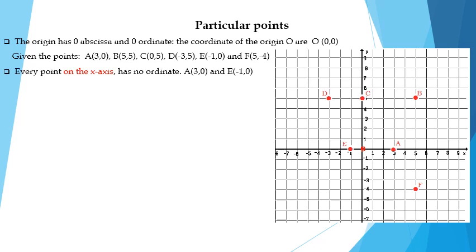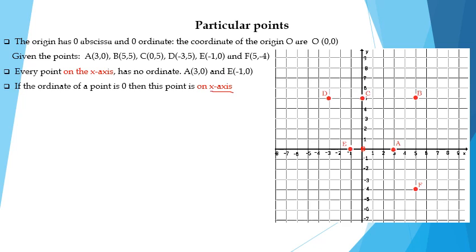It's a rule that any point on the x-axis has its ordinate, its y, equal to 0. If the ordinate of a point is 0, then definitely this point belongs to the x-axis.